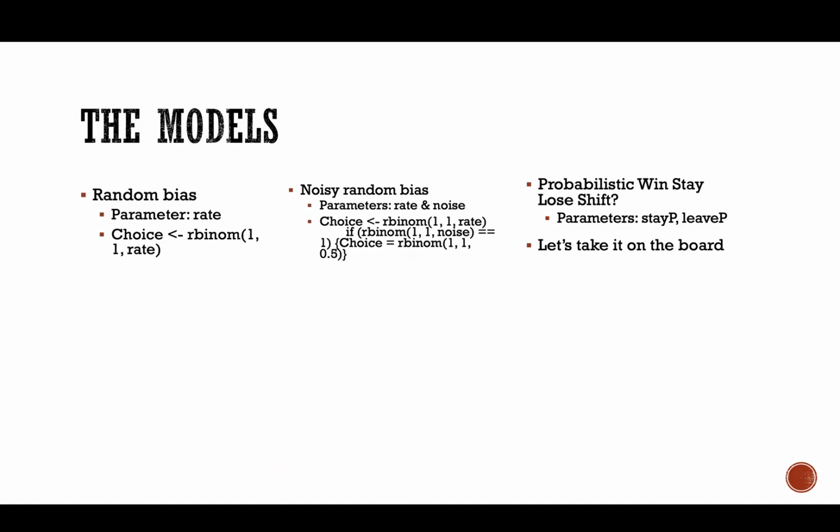Yes? I guess I'm wondering, maybe because I don't really get it, isn't that sort of the same as reinforcement learning with the learning rate? Yeah, it is, except that now we're separating the probability of staying from the probability of shifting. And we don't have the softmax, for instance. We could put it in, right?